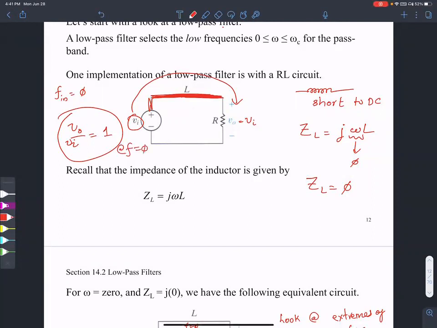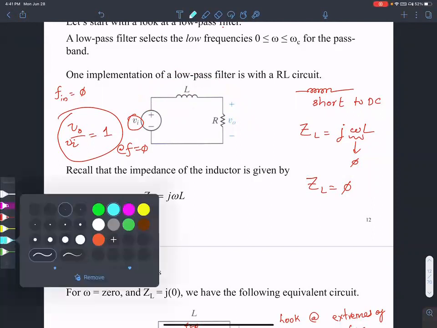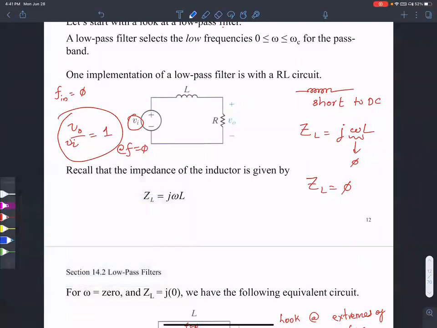Output over input. Let's look at the opposite. Let's see what happens when frequency is infinity. When the frequency is infinity, J omega L is infinity, meaning that this inductor acts as an open circuit.